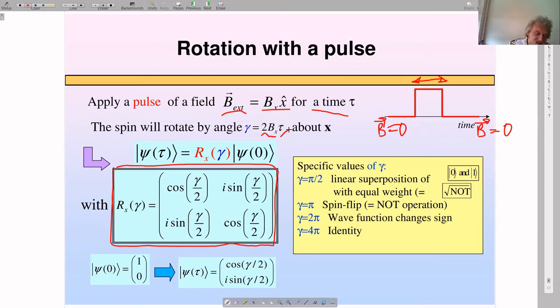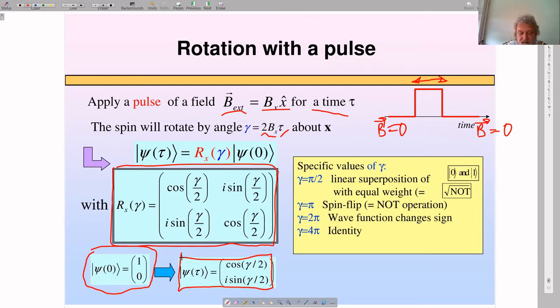So if initially in state 0, we will go to this state or superposition. What are particular values of this angle?